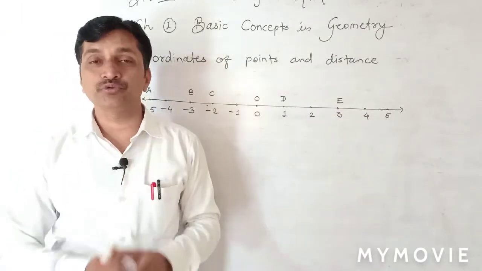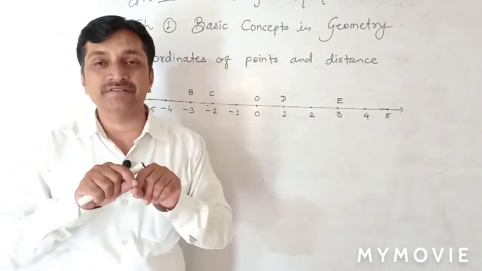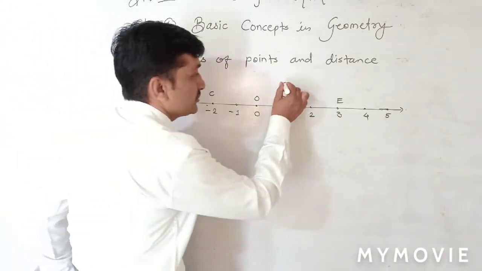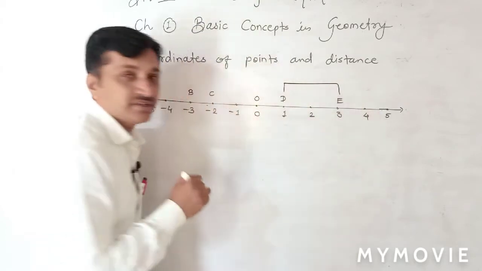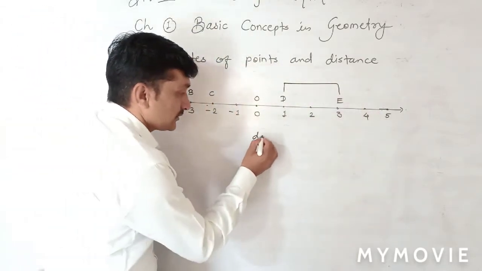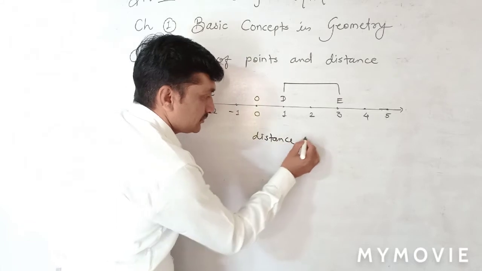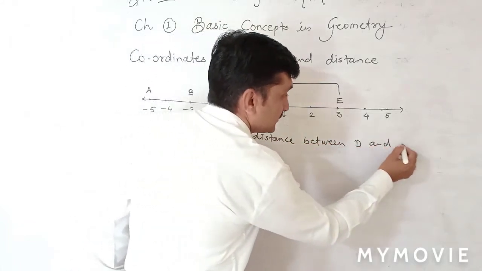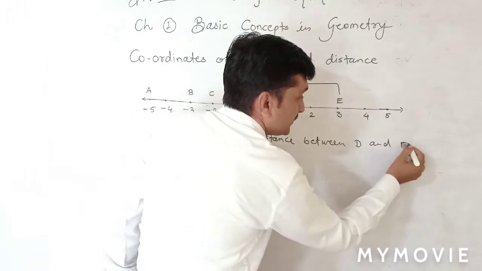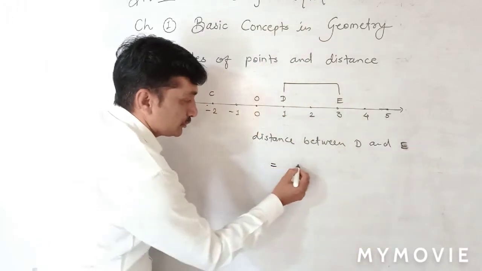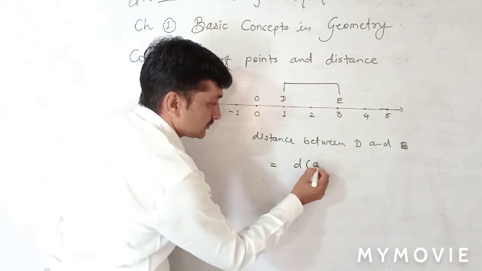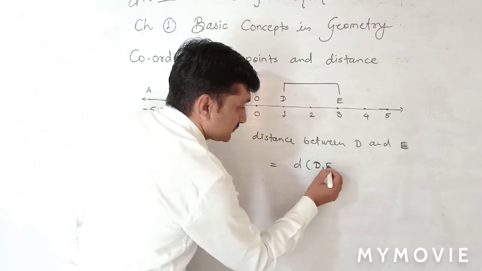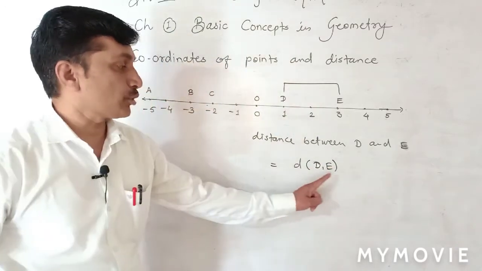If we want to find the distance between any two points, then how to find it? Suppose you want the distance between these two points, D and E. The distance between D and E is written as d, small d for distance, and then the names of the points in brackets, d(D, E).